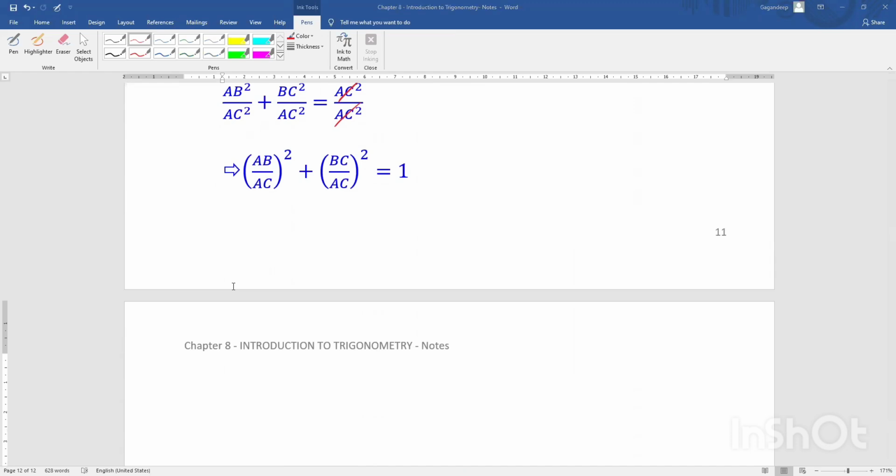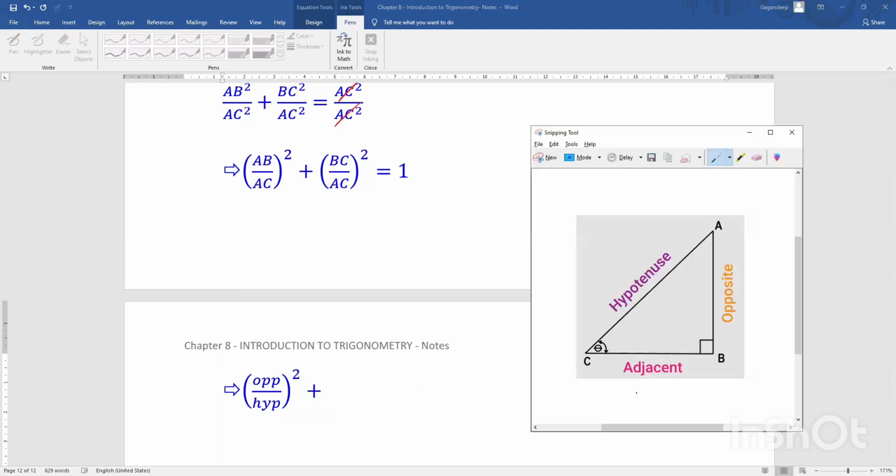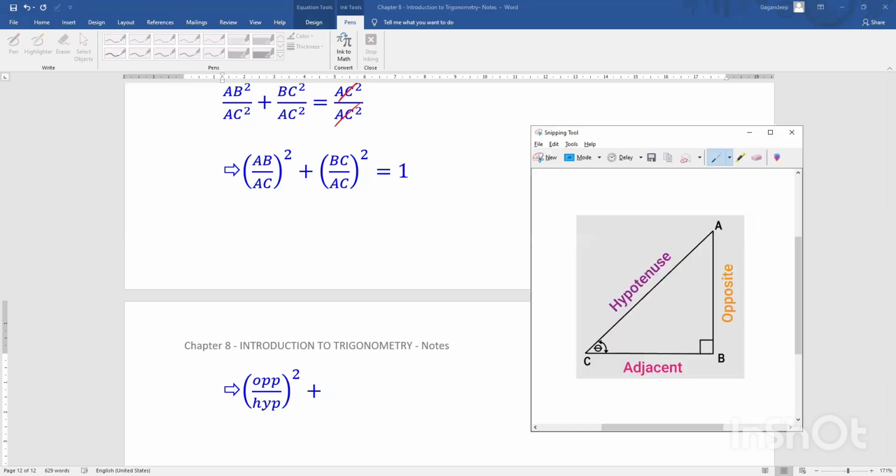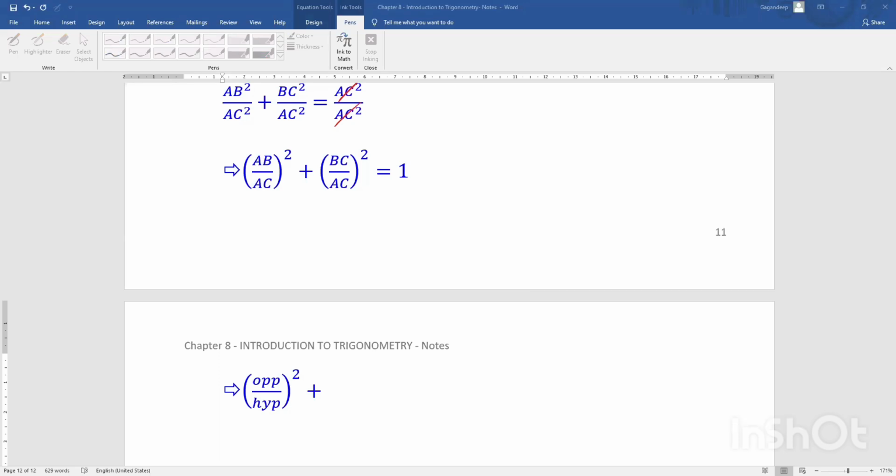So I write it as opposite by hypotenuse the whole square. Again, BC is nothing but adjacent and AC is hypotenuse. So it's adjacent by hypotenuse the whole square, which is equal to 1.